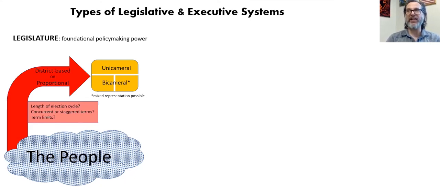Members of the House of Representatives and members of the Senate, even from the same party, don't always see policy the same way because of their different election mechanism.